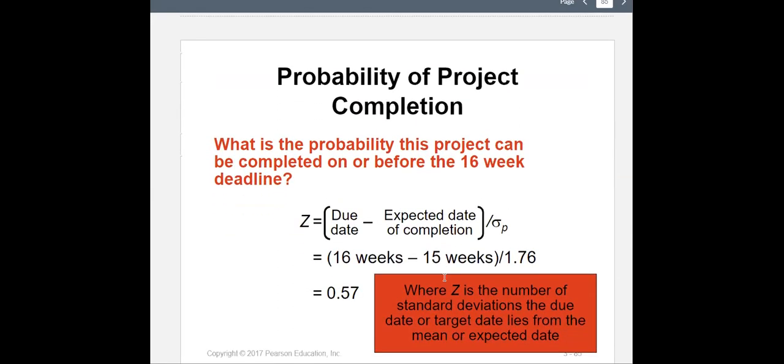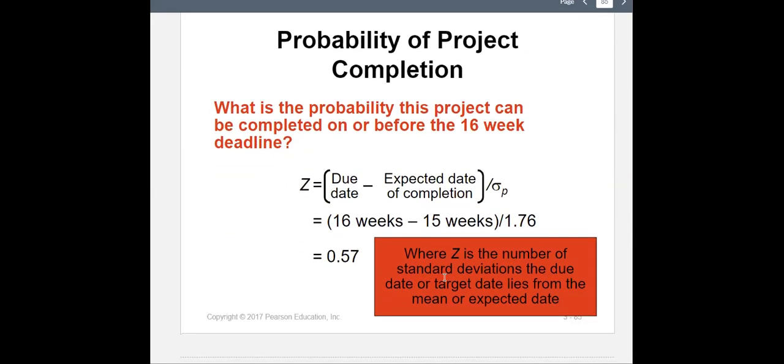So you can see here the question is asking, what's the probability this project can be completed on or before the 16-week deadline? So what's the formula? The formula is the due date, that's given to us on the exam, in the questions, minus the expected date of completion, which is calculated by us, divided by the standard deviation, given the values of variances.